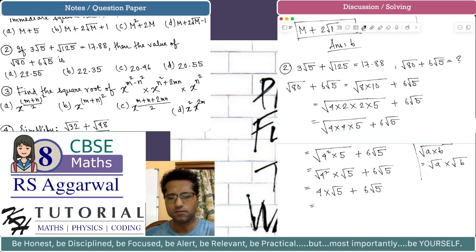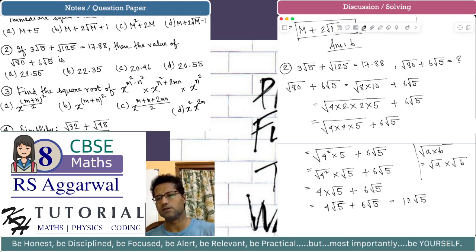So this becomes 4 square root of 5 plus 6 square root of 5, which is equal to 10 square root of 5. So the given expression, square root of 80 plus 6 into square root of 5, becomes 10 into square root of 5.